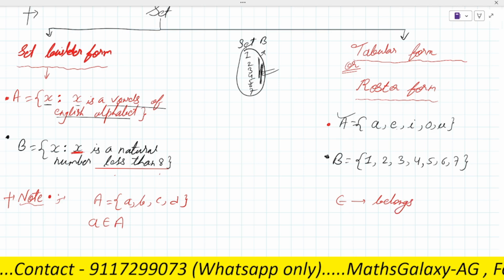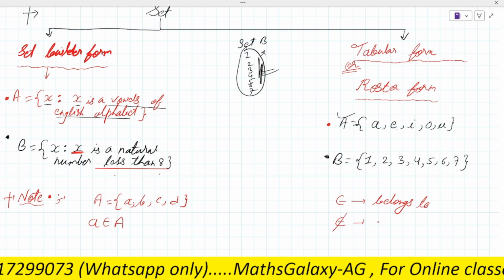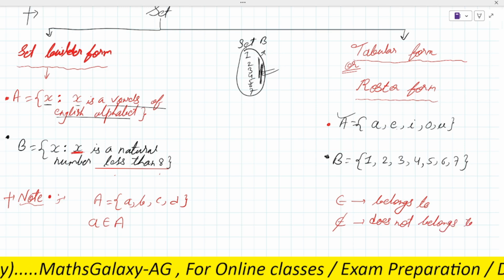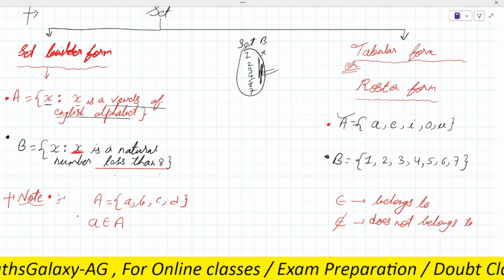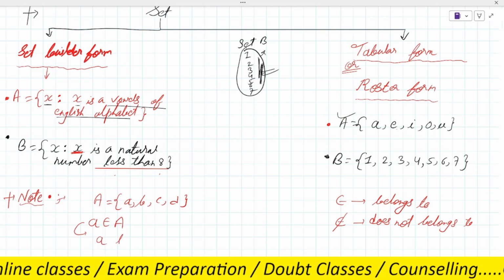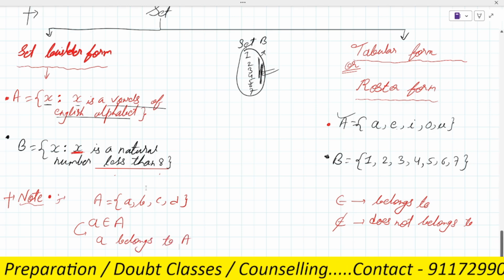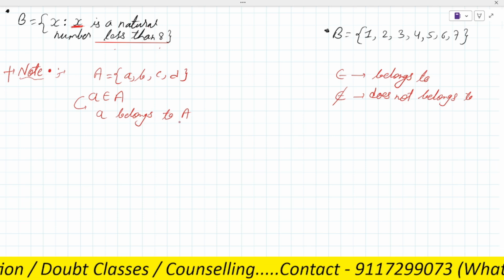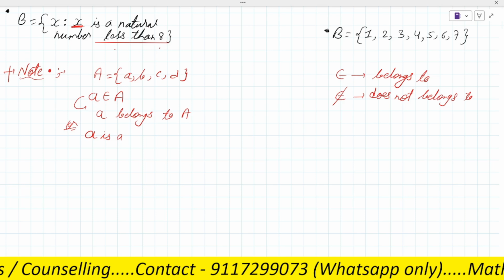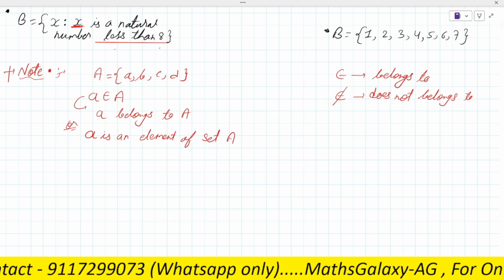And this other sign is the sign for does not belong to. If we write a belongs to A, it means the element a belongs to set A, or we can say that a is an element of set A.